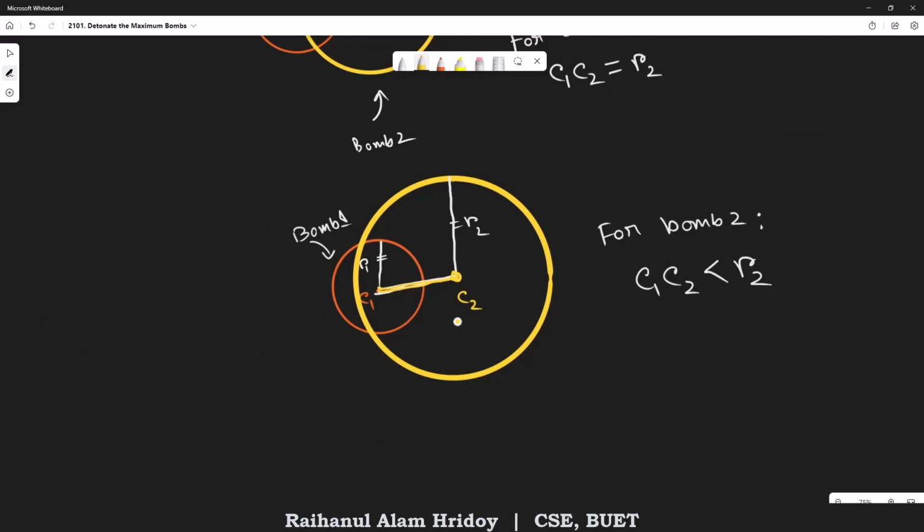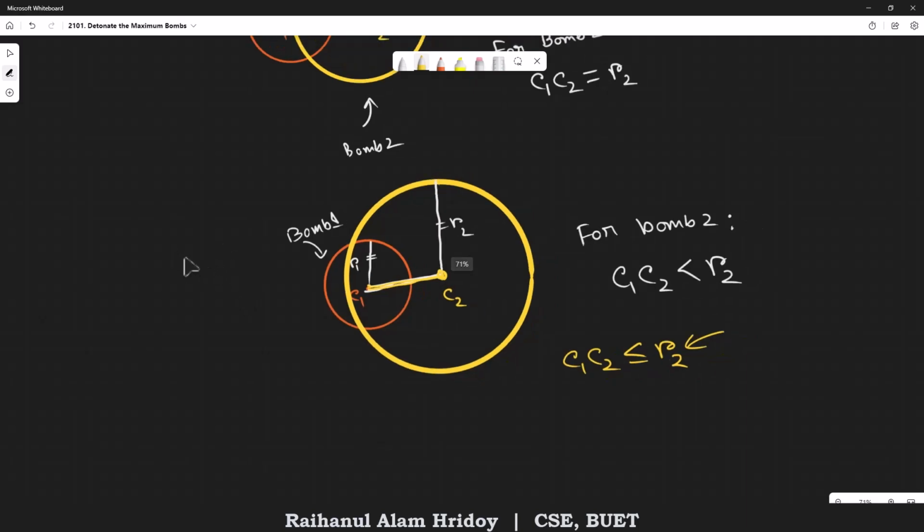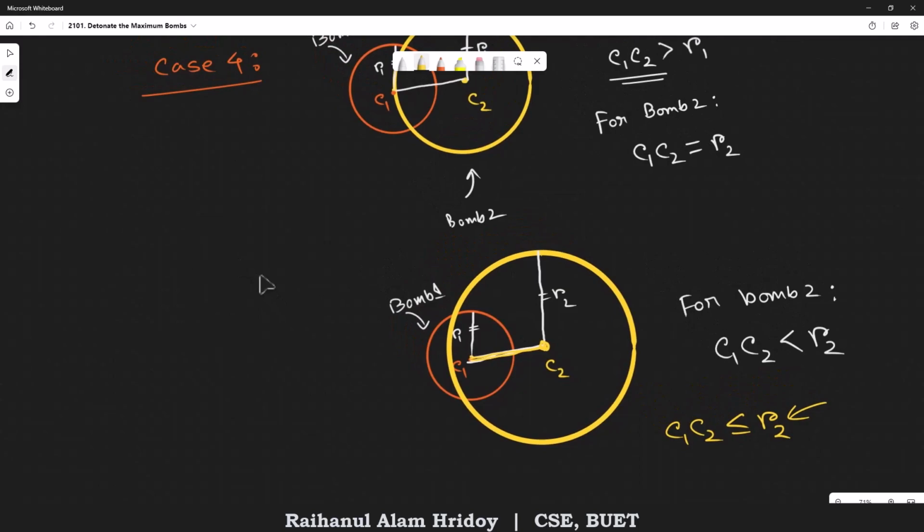So in all the cases we will consider only C1 to C2 less than or equal to R, the radius of the bomb we are currently determining for. So this is the condition for detonating. So along this time I just mentioned how a bomb can detonate. Now we will go to understanding how we can fix this.